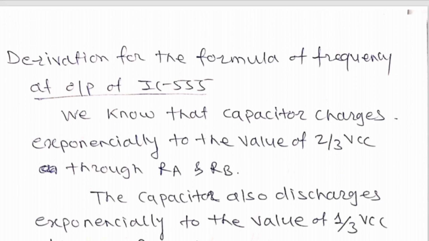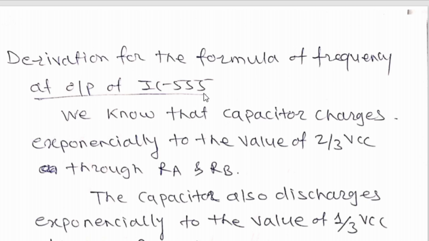So here you can see this is the derivation for the formula of frequency at the output of IC555. So this is our title, derivation for the formula of frequency at the output of IC555.